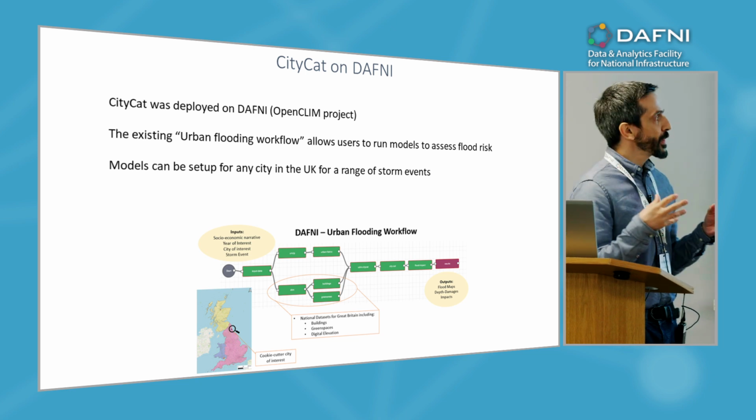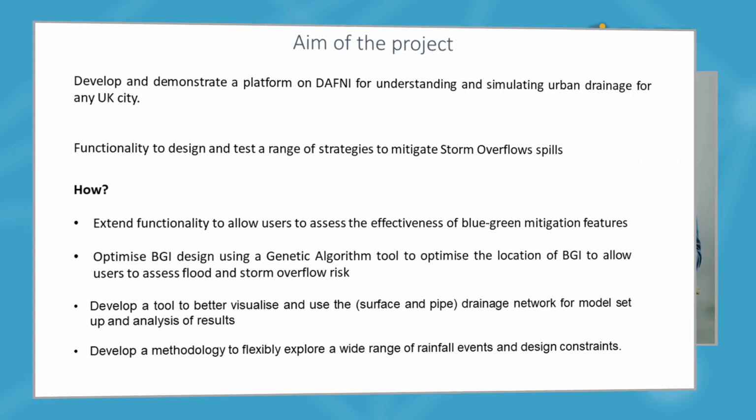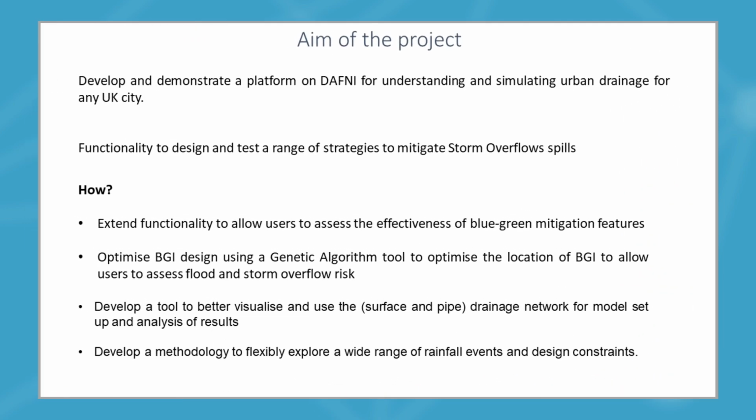So, as I mentioned earlier, our project aims to develop a platform on DAFNI for understanding and simulating urban drainage, and then also provide the functionality to design and test a range of strategies to mitigate flooding. So then, in order to achieve this, we need to do these 4 things.